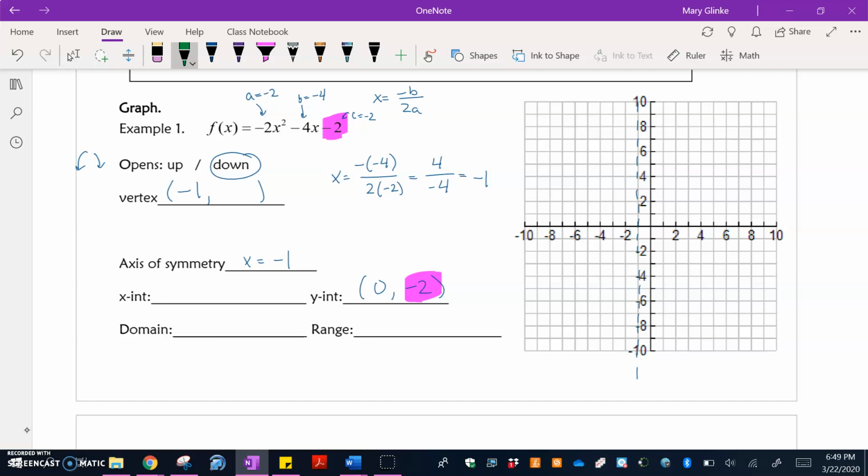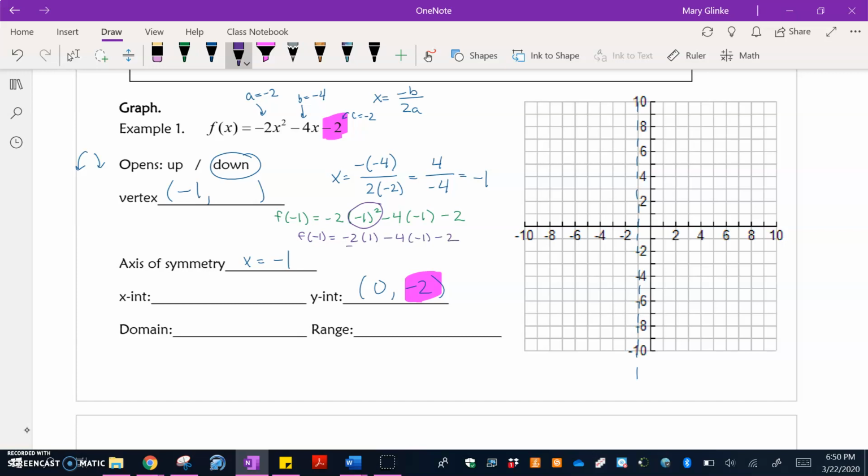What we need to do is plug in negative 1 for x. So we're going to do f of negative 1 to figure out the y value. We have negative 2 times negative 1 squared, minus 4 times negative 1, and then minus 2. As we're looking at this, we need to simplify. We do the order of operations first, which means we do negative 1 squared, and that becomes a positive 1.